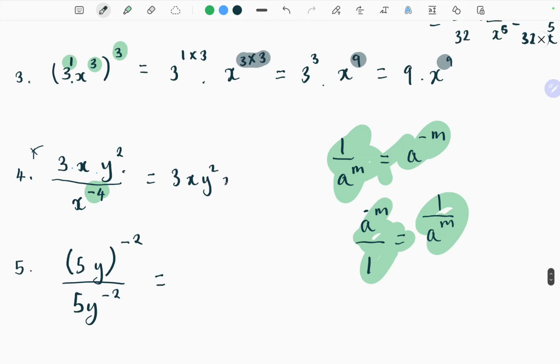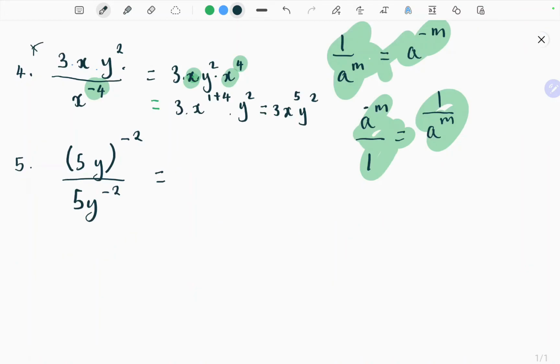So it becomes x to the power of 4. So already we can see that these two are like terms, so we can add their powers, or their exponents rather. So it will become 3x to the power of 1 plus 4 and y squared. So this is 3x to the power of 5 y squared.